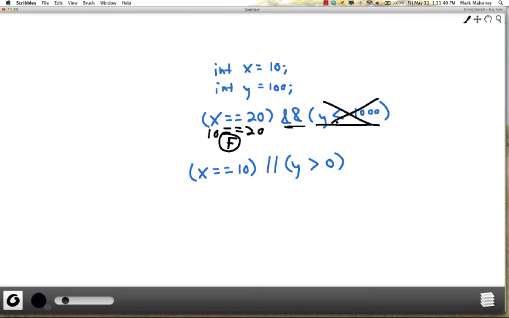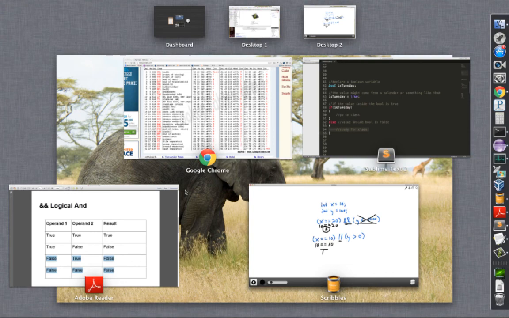Here's another example. x is equal to 10 or y is greater than or equal to 0. So x is 10. So is 10 equal to 10? That's true. Then the computer looks at this and says, well, that's an OR operation.